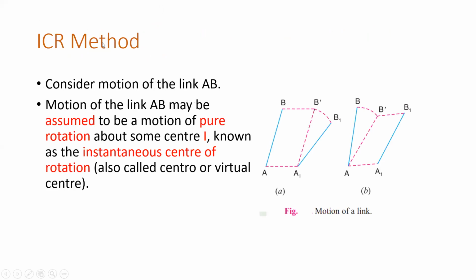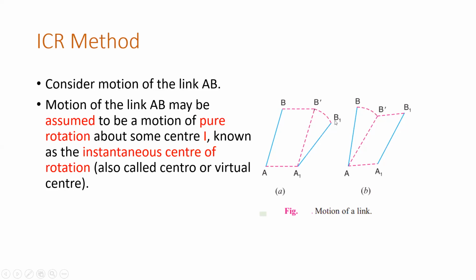Okay. Now we consider the motion of the link AB here in this diagram. Initially the link AB is here. Now say after some time the link AB moves and it goes to the new position A1 B1, right?